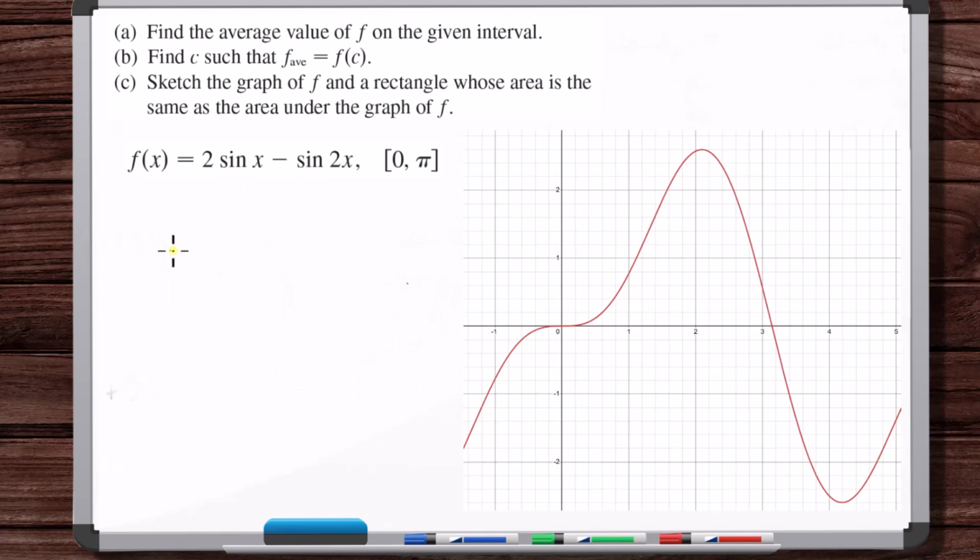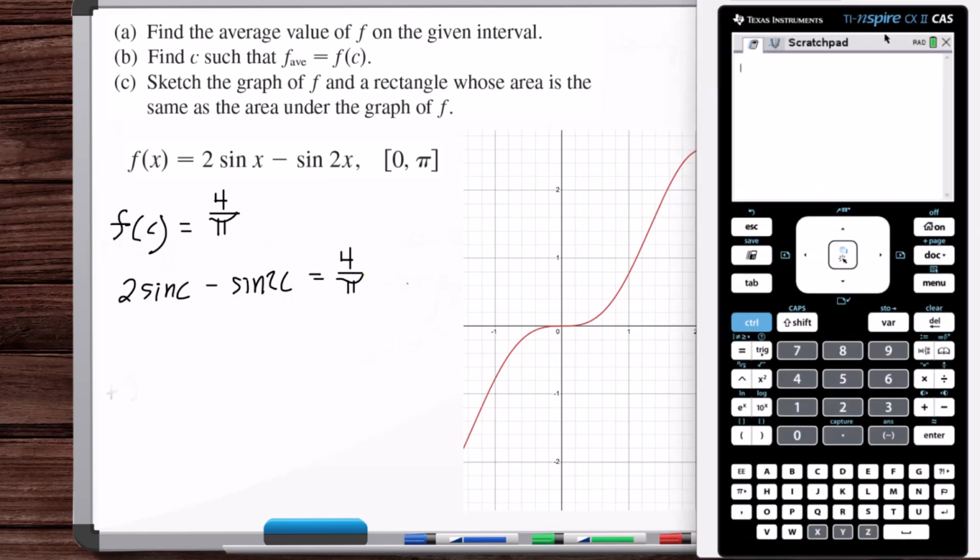All right, so part B, if f of c is equal to 4 over pi, then what's c equal to? This is asking us to solve for c if 2 sine of c minus sine of 2c is equal to 4 over pi. So let's just go ahead and use our calculator here.